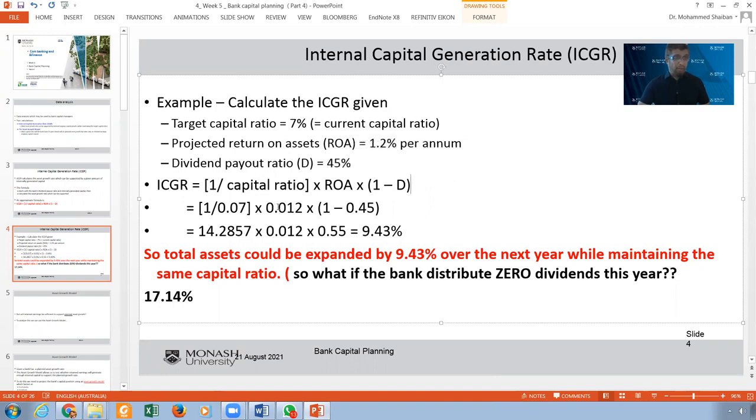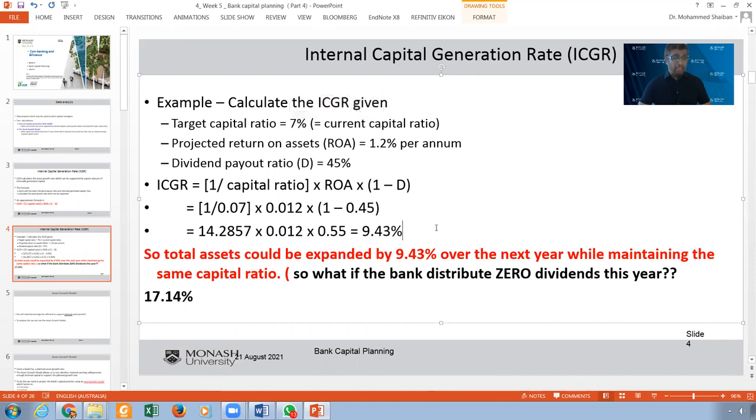The capital is also set as a target. Now I just calculate and find it to be 9.43%. What does it mean? It means my capital grows by 9.43%, and accordingly my assets should grow by 9.43%, so I can always keep the 7%.